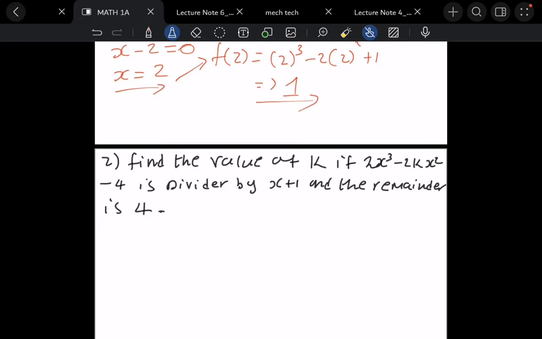What will be the value of k? What will be the value of k? What is the value of k really?